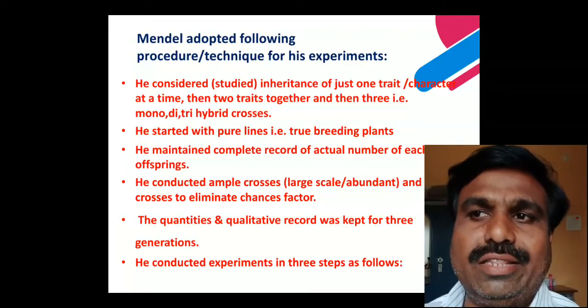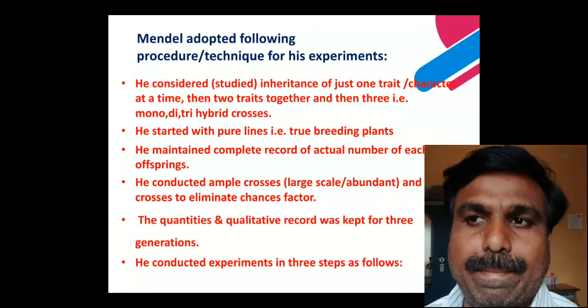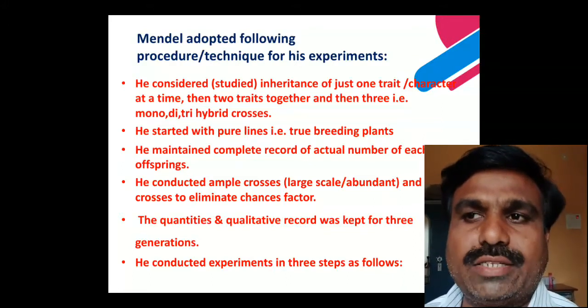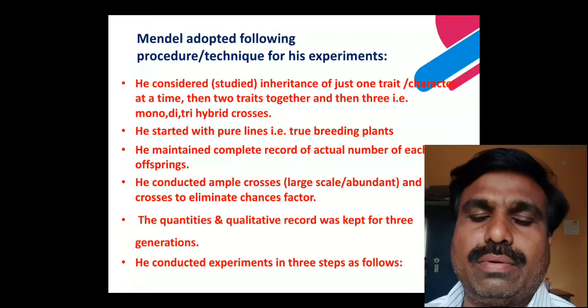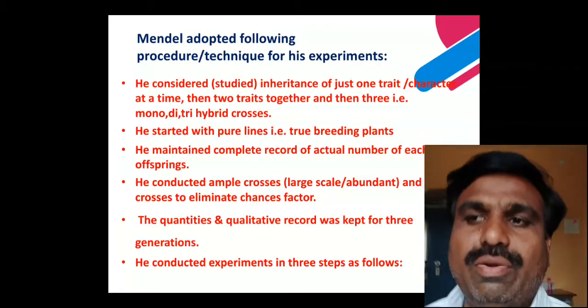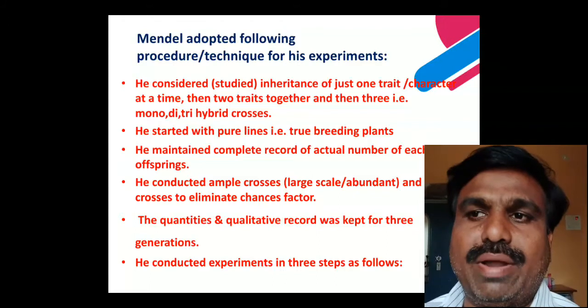He considered the inheritance of just one trait at a time, then 2 traits at a time, then 3 traits together, and then 3 generations of monohybrid, dihybrid, and trihybrid crosses. Second, he started the experiment with the help of pure lines.